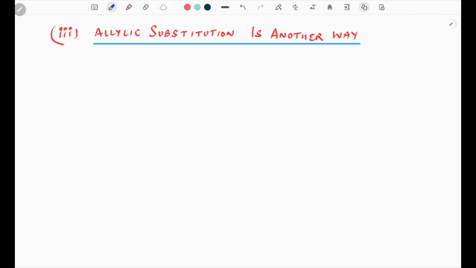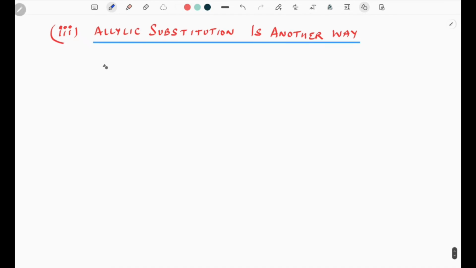Allylic substitution offers another way to produce alkyl halides. So for this reaction, what you need is a carbon-carbon double bond, which is the obvious choice. Then you need at least 1 alpha carbon.